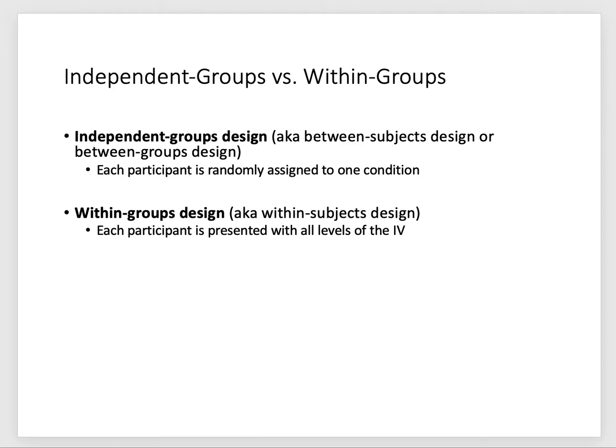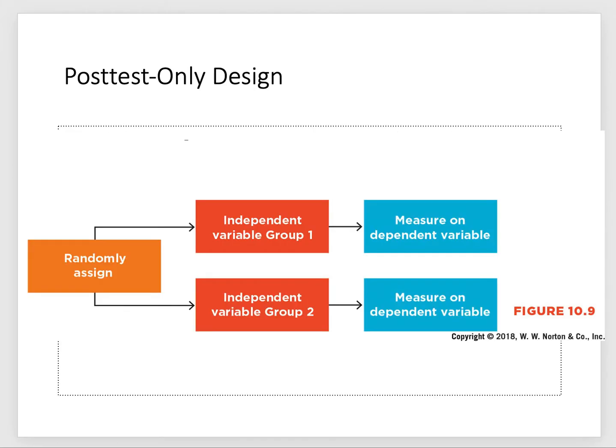All right, with a within groups design, I'm going to give all of the participants in my sample an opportunity to be a part of each group. Not at the same time, but I'm going to do my study maybe over and over. Those participants are going to get a chance to be in the treatment group, and then maybe they're going to have a chance to be in the control group, or they're going to receive a different treatment.